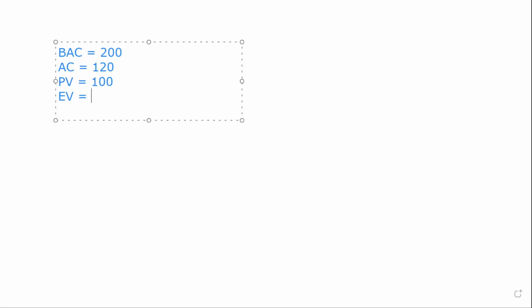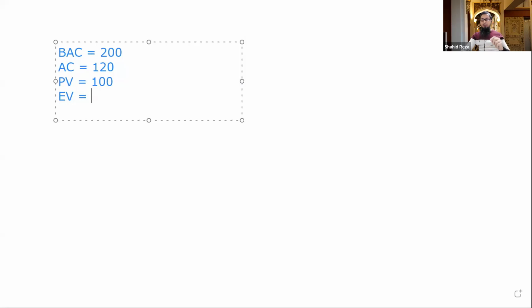Now let me explain what earned value is. That means, as of now, how much value we have actually earned. The contractor is saying 3 walls are already painted. That means how much value have we earned?